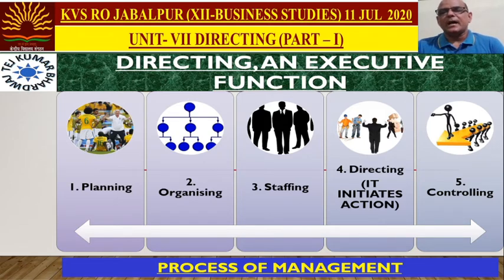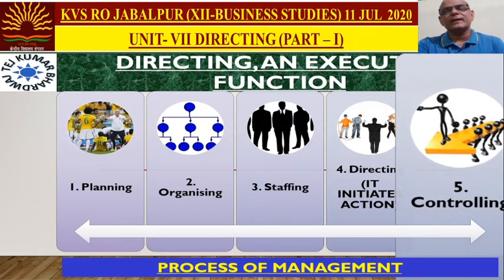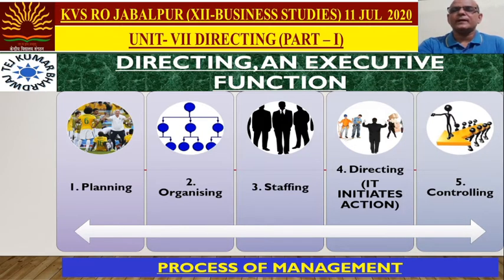At last, after directing, when the work is done, finally we do controlling, and controlling means simply checking whether the work has been done in directing as per the standards laid down in planning. So after directing, in controlling also we are not performing anything, rather we are simply checking that the output given in the process of directing, where the action was initiated, is actually meeting the standards which were set in the process of planning.